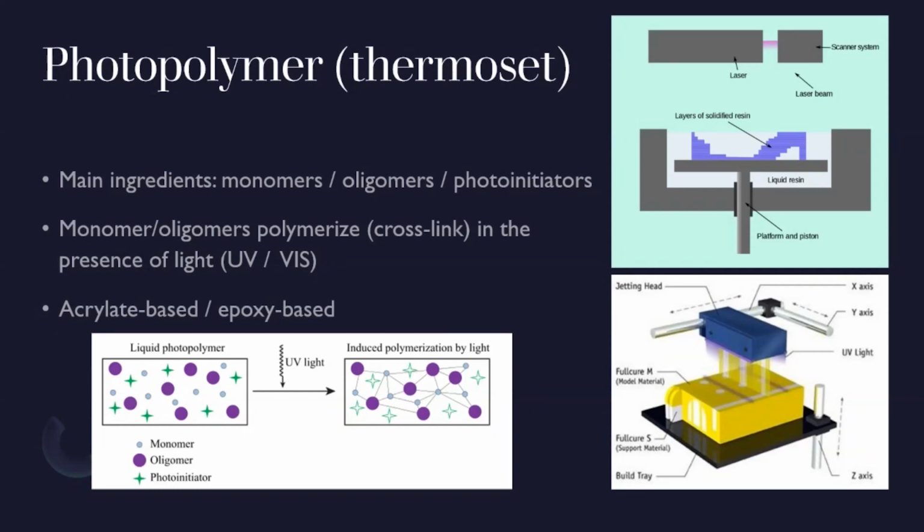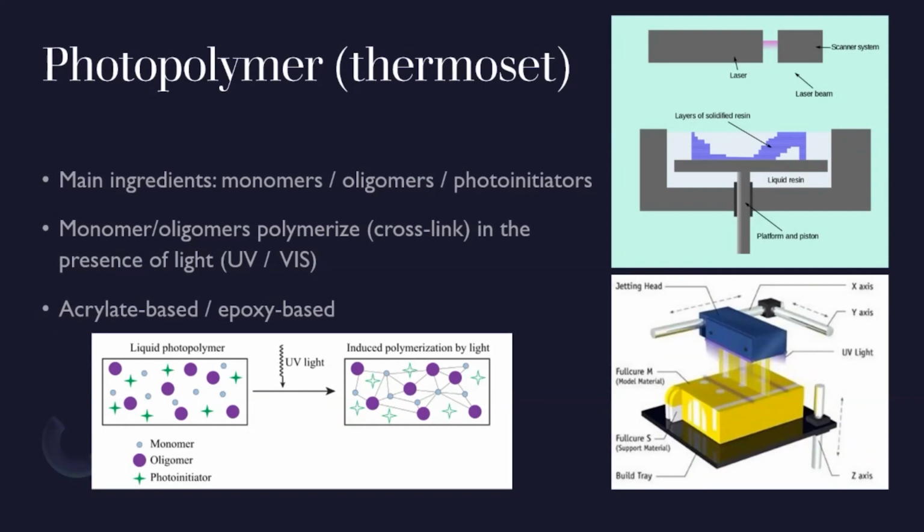The photoinitiators become excited when they absorb the incoming energy, be it UV or visible light, and become reactive species that will instigate cross-linking of the monomers and oligomers to transform them into polymer networks. By carefully selecting and combining these ingredients, a wide range of mechanical properties from elastomers to rigid materials can be produced.